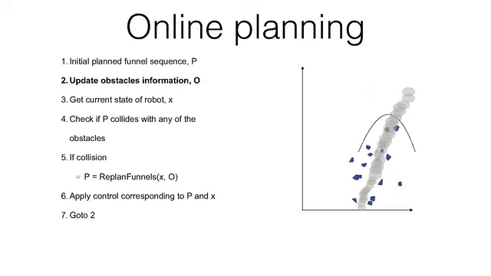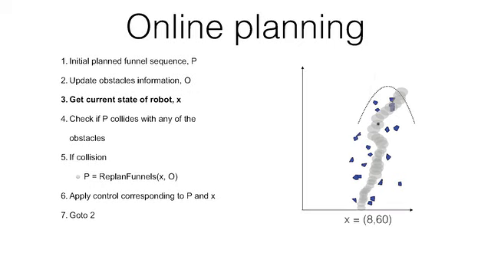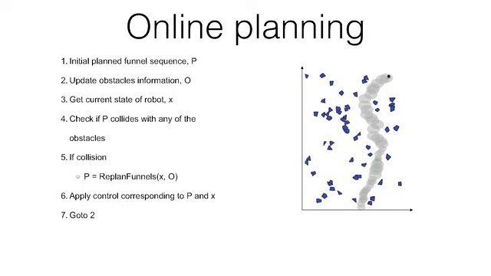I'm doing this two or three times more. Get the position, check if it collides, and again it collides. So you replan, get a new path, apply the control for that funnel, and then get more information. Again it collides, so you have to replan the path. Okay, so now you reach the goal. So this is how online planning works using funnel libraries.